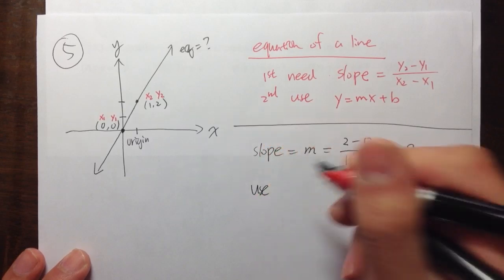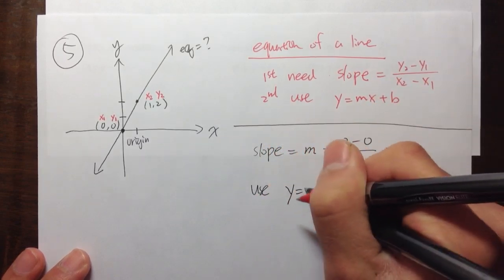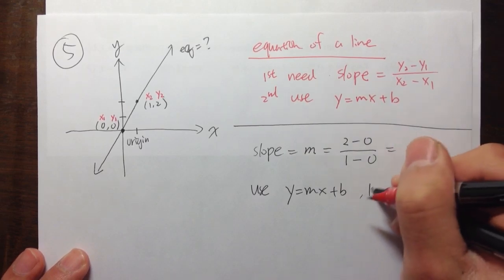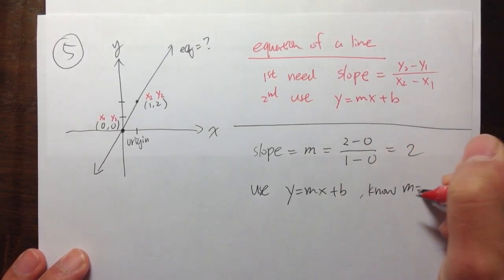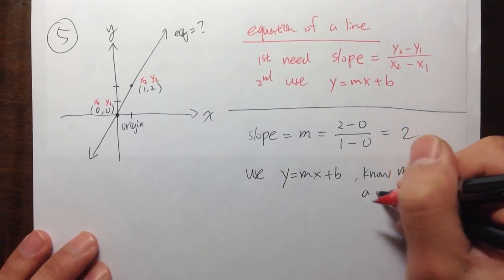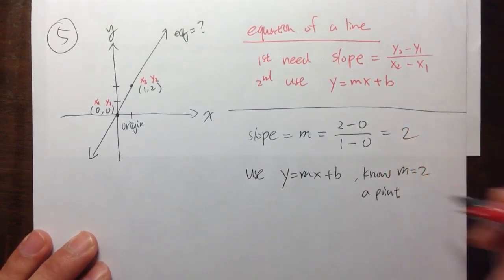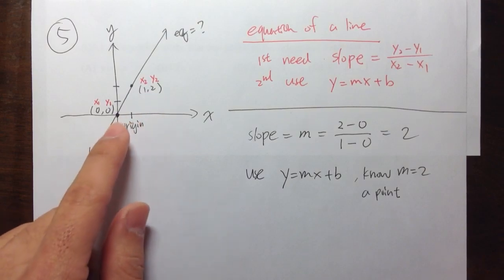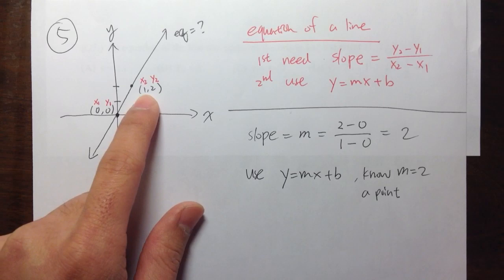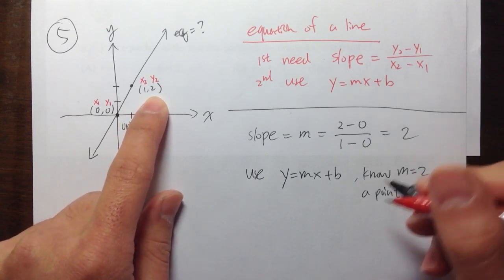And then we're going to use the general form, y = mx + b. We know m is equal to 2, right? And we also need to use another point. We need to use one of these points, because one of the numbers will tell you the x value, and the other number will tell you the y value.